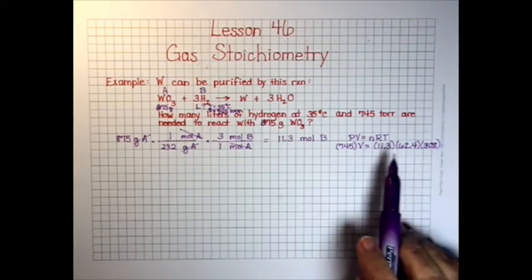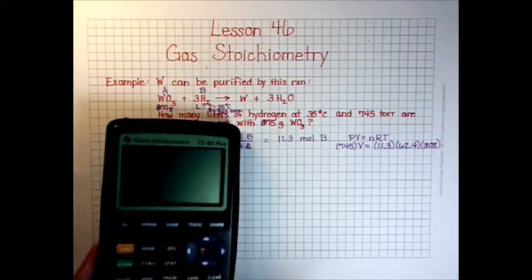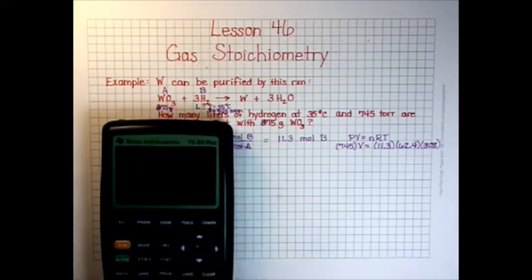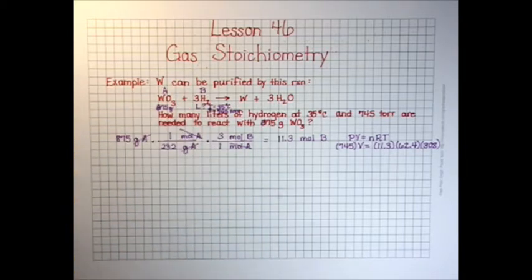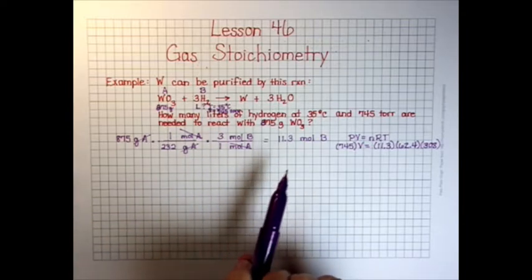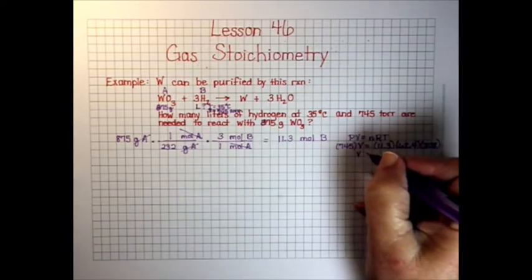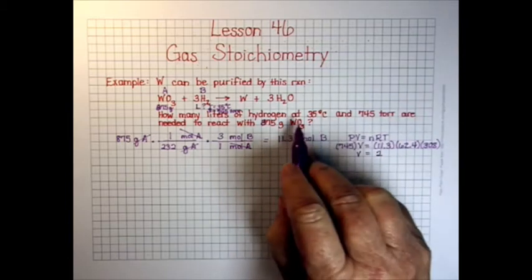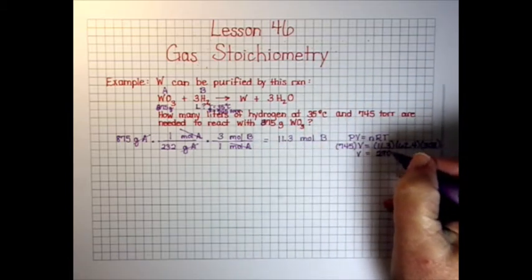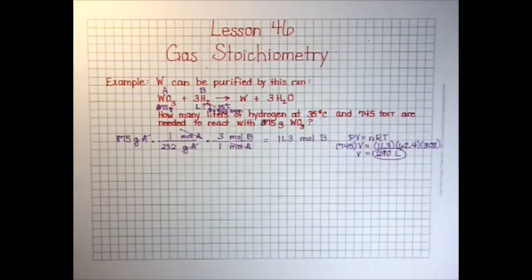So we take our calculator and say 11.3 times 62.4 times 308 divided by 745, and that gives us 291.5 liters. Well, sig figs. We've only got 2 sig figs here, so 290 liters. There we go.